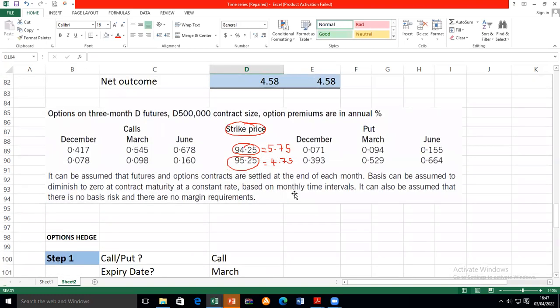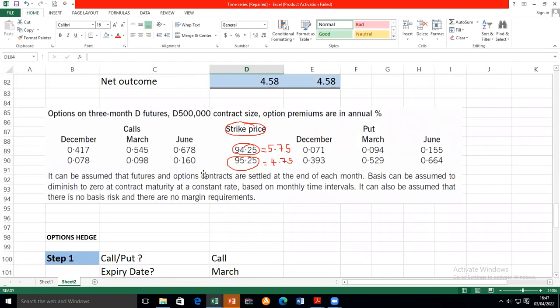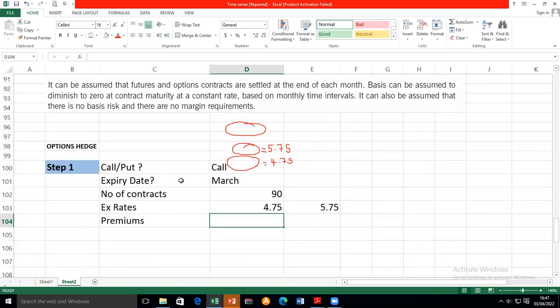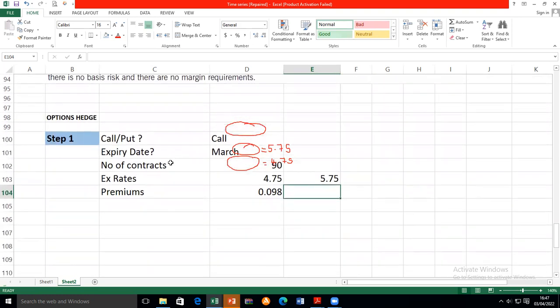What's the premium? 0.545 or 0.098. 5.75, 0.545. Okay. There we are.